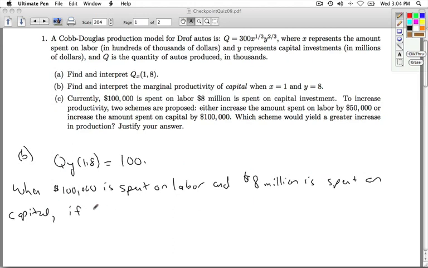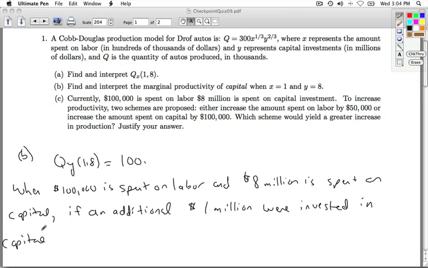if an additional $1 million were invested in capital. So that's the idea. We're increasing y by 1.